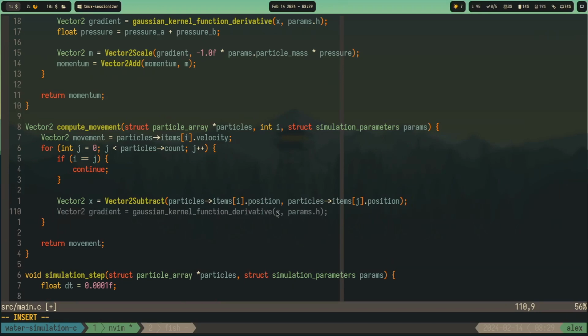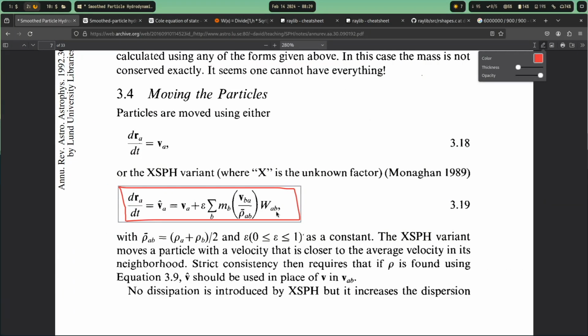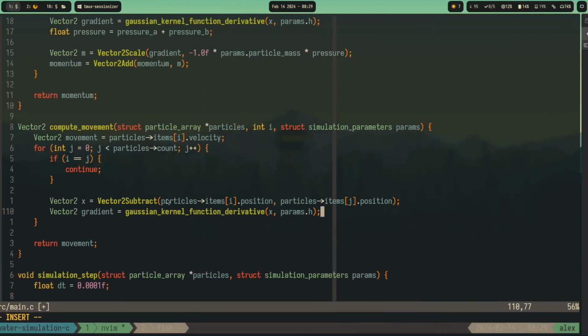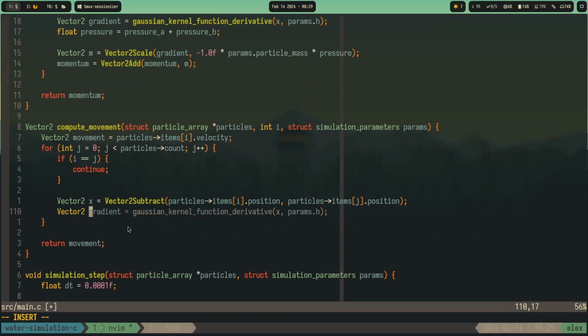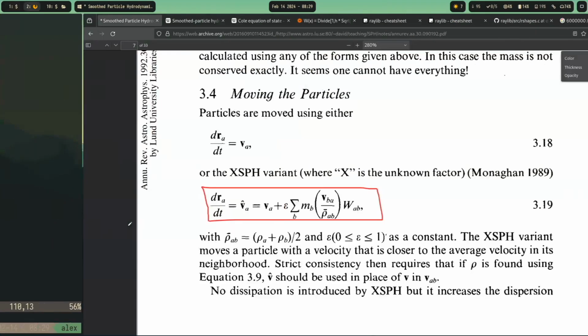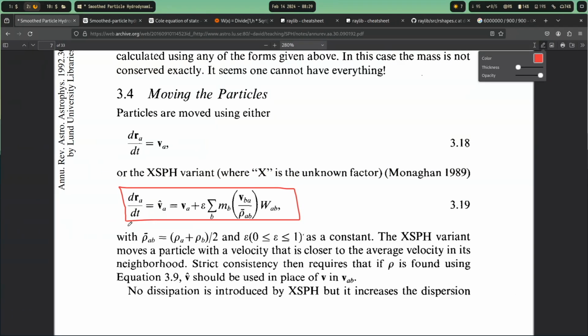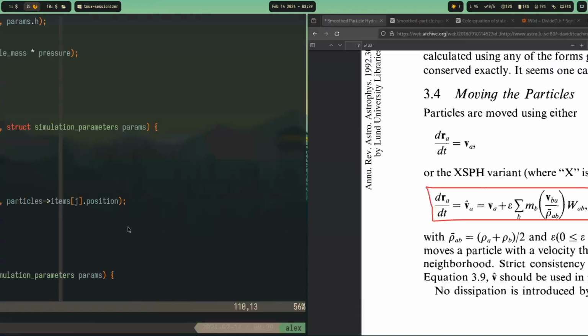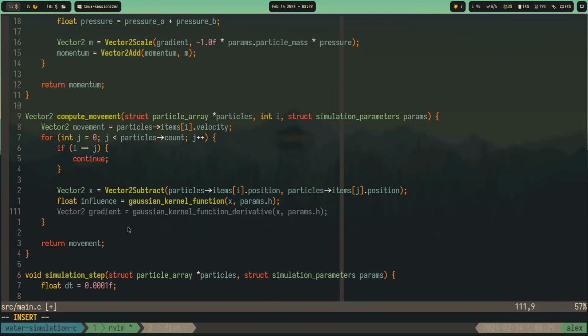Then we need, of course, to get, well, here we just get the influence, but it's not the derivative, it's the kernel function. Oh, no, sorry, it's a float. It's the influence. Then we need a float for average density.